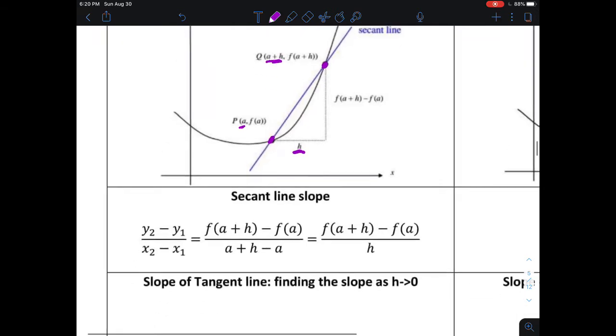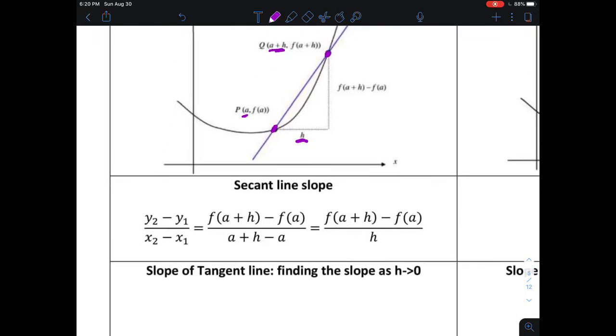Now, my secant line at those points would have a slope of y2, which is f of a plus h, minus y1, which would just be f of a, over the difference in their x values, x2 minus x1, so a plus h minus a. And if I condense that down and simplify it, I get this here for my secant line slope.